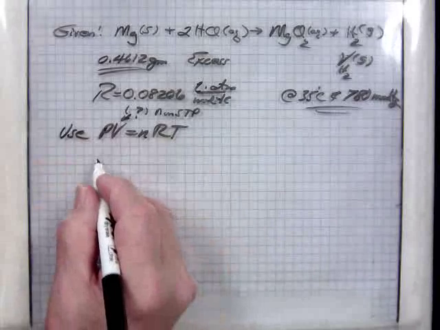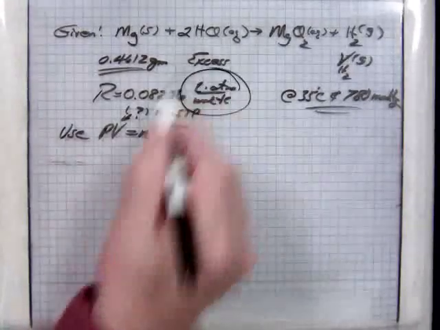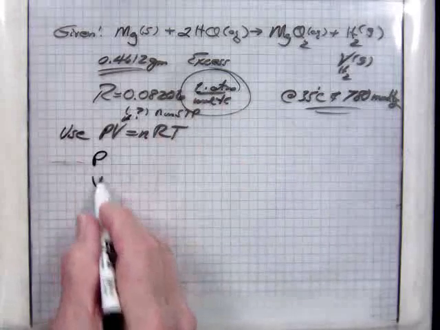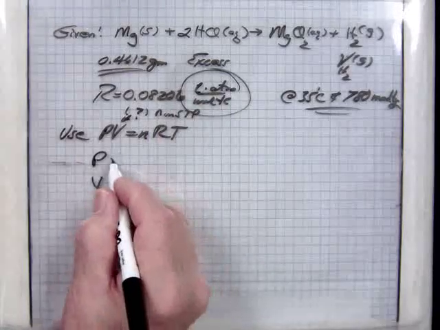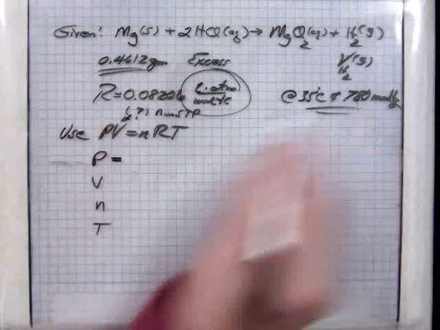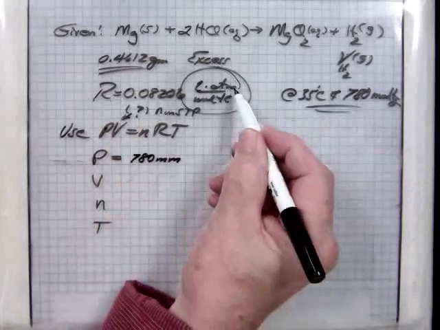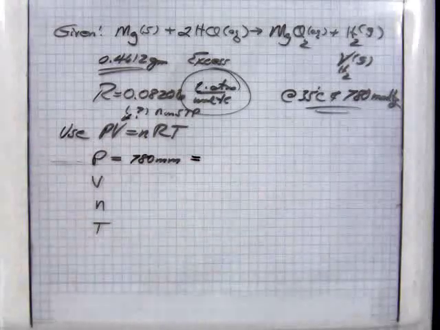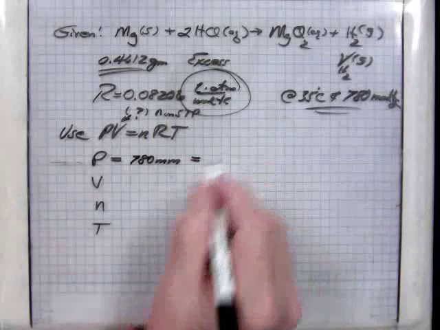Well, I need a pressure. The units must conform to the R value. So if we have P, V, N, and T, pressure is given as 780 millimeters. Well, atmospheres is the R value, so I have to divide by 760. 1 atmosphere equals 760 millimeters, it's all posted on your reference sheet. All you've got to do is look it up and convert to atmospheres.